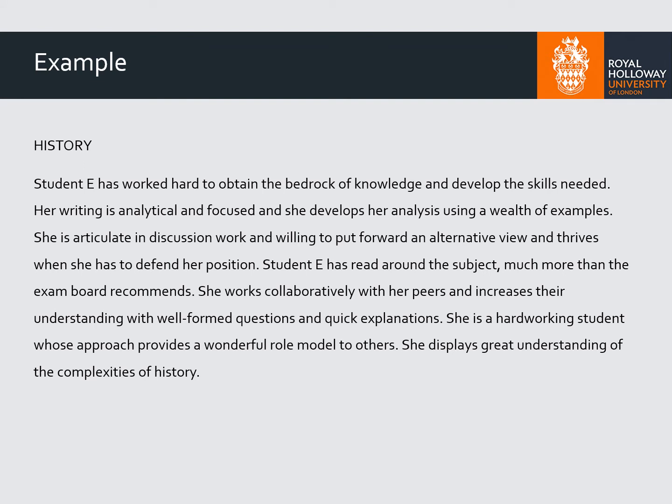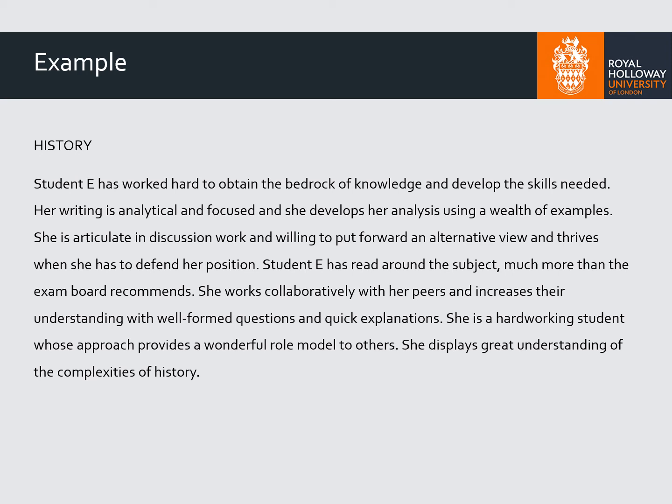In this one, talking about history, the student is obviously very strong in history, and the referee has talked about how she can develop analysis using a wealth of examples, that the student can debate certain aspects of her work, and that she's done extra reading around the subject.